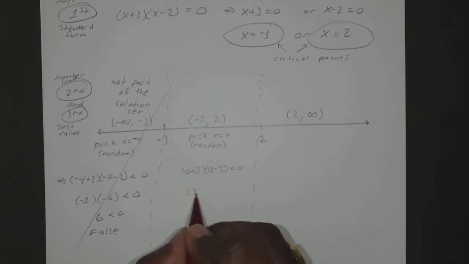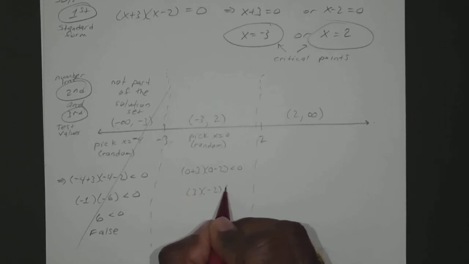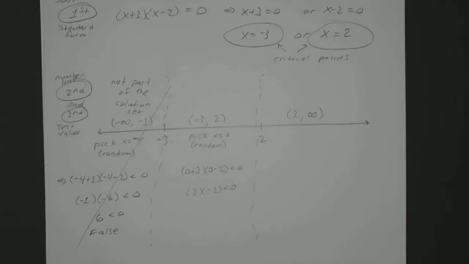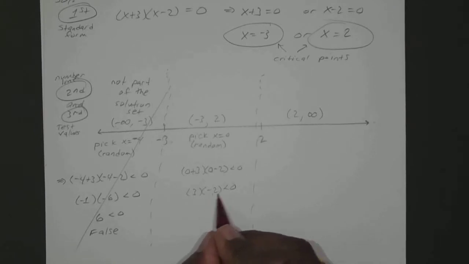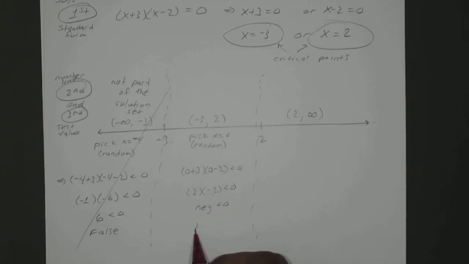So that gives us 3 times -2 is less than 0. And really, you don't even have to multiply. As soon as you see a positive and a negative will give you a negative, you already know this is going to be a negative number. Is less than 0, which is true. So this interval is part of your solution set.